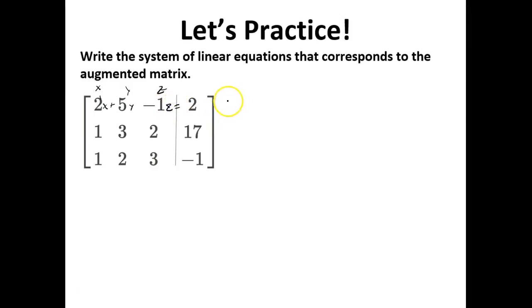And that's exactly what it is. 2x plus 5y minus z, usually we don't put the 1 in front, is equal to 2. The second one, x plus 3y plus 2z is equal to 17. This third one, x plus 2y plus 3z is equal to minus 1. This would be the system right here.